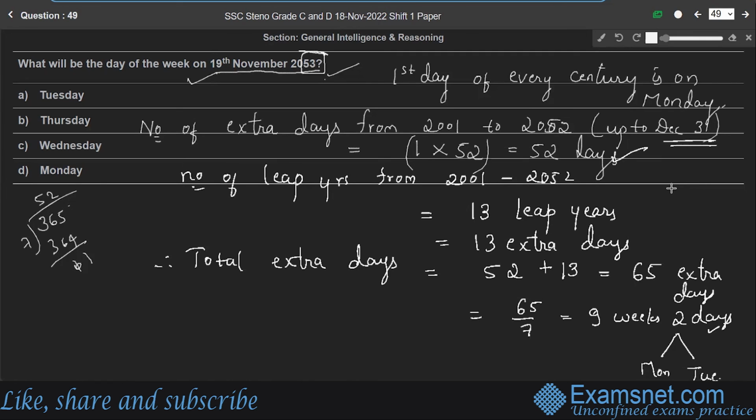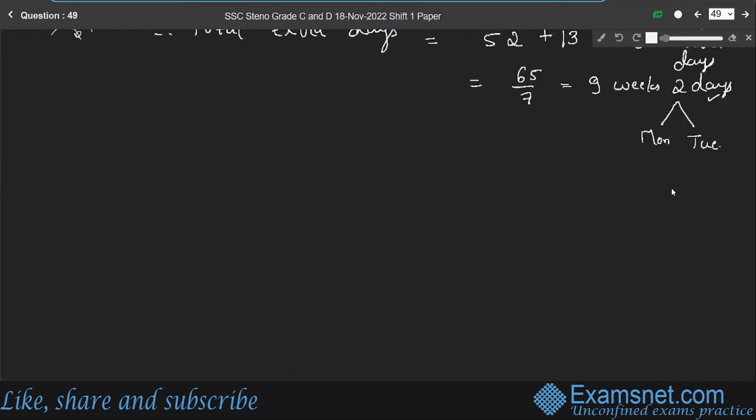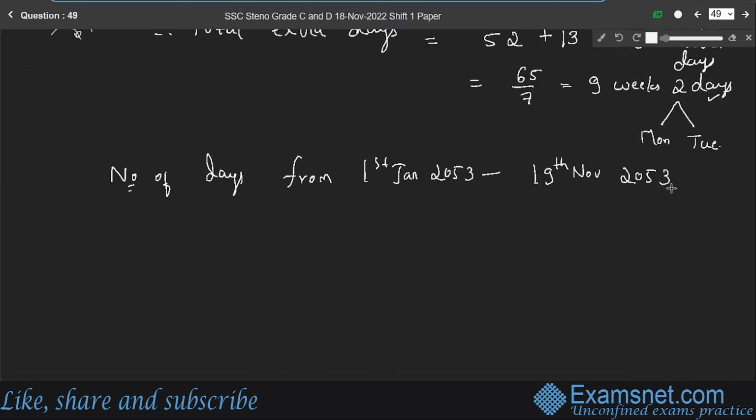Now we have to consider the year 2053. We'll consider the number of days from 1st Jan 2053 to 19th November 2053. So directly we can subtract: 31 days from December and 11 days in November, right? 2053 is not a leap year.